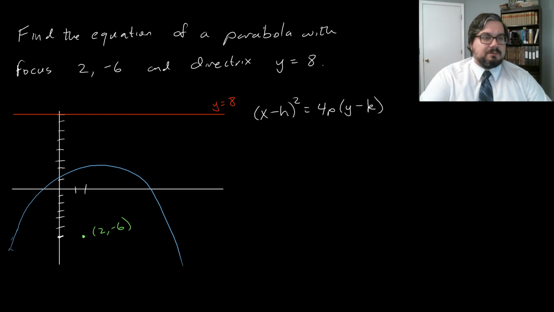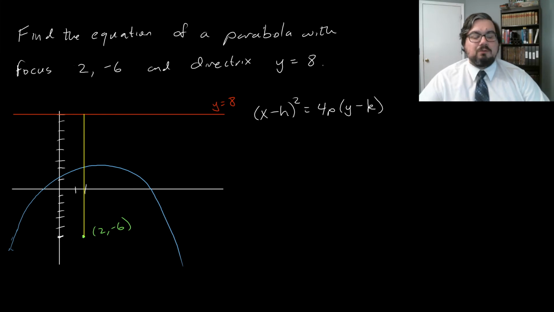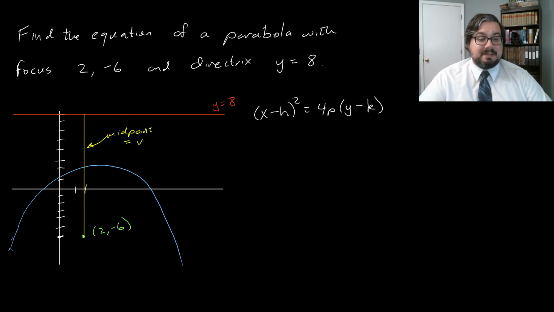And the reason we can figure them out is because we know that the vertex is always halfway in between the focus and the directrix. So the midpoint of this segment is the vertex.